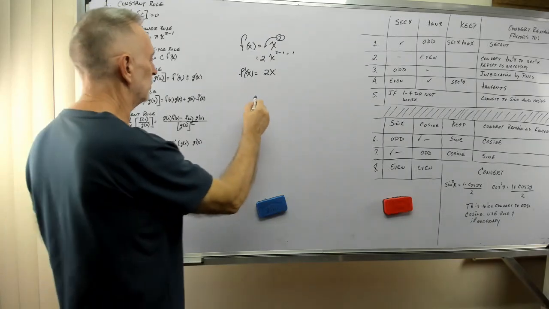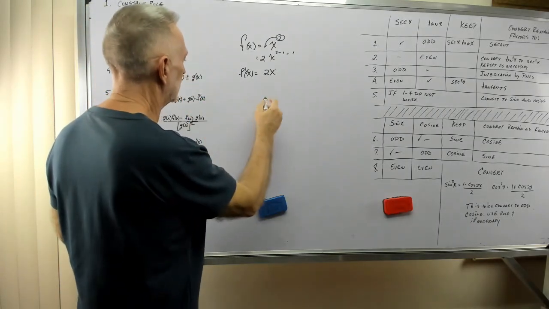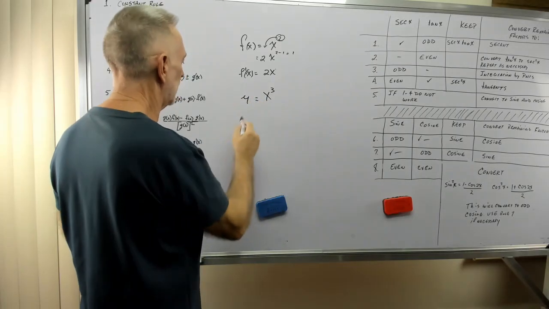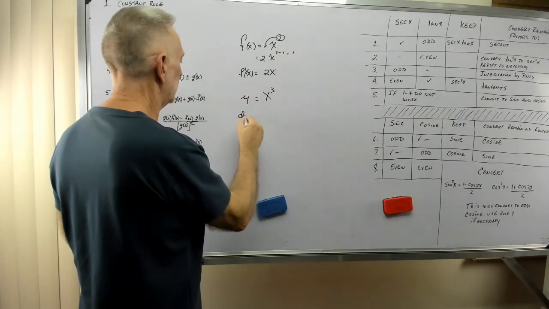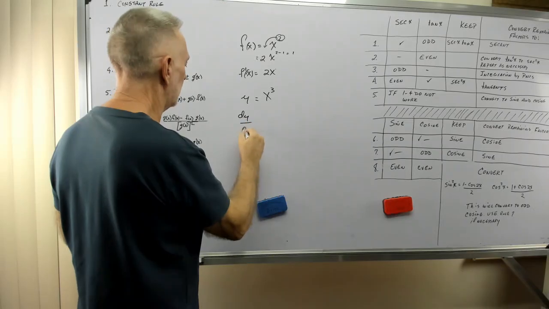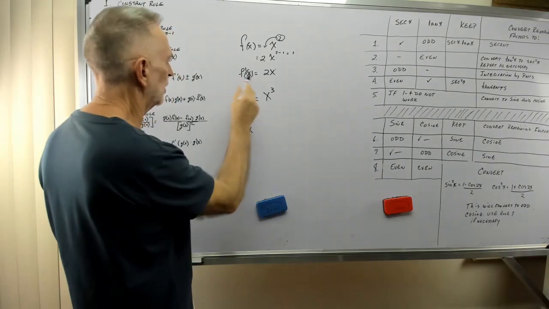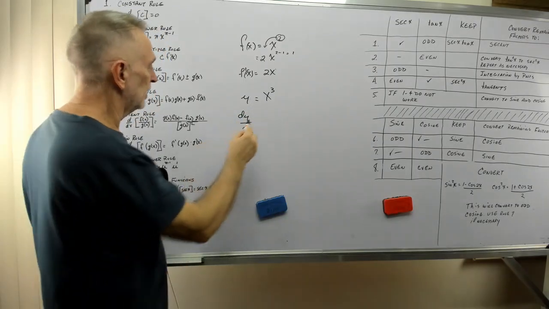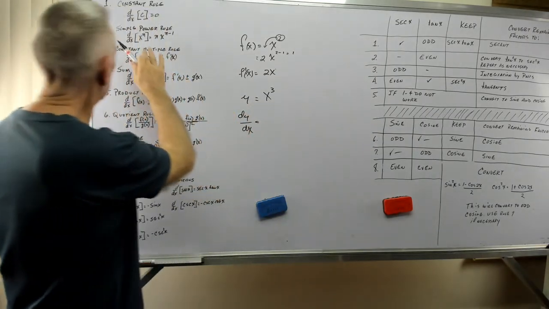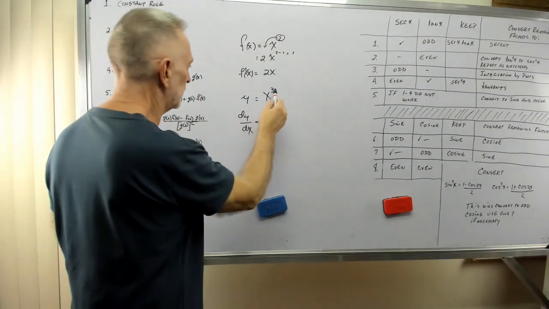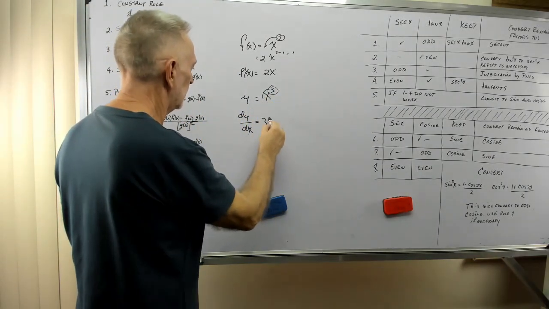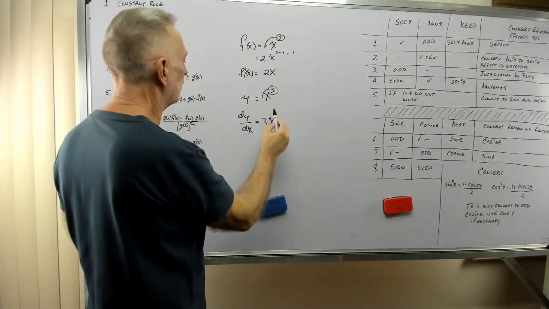Let's try another one. Let's take x cubed. Let's say y equals x cubed. So what is the derivative of y with respect to x? There's a lot of different ways to write a derivative, okay? So again, the simple power rule says bring that exponent down and then subtract 1 from the power.